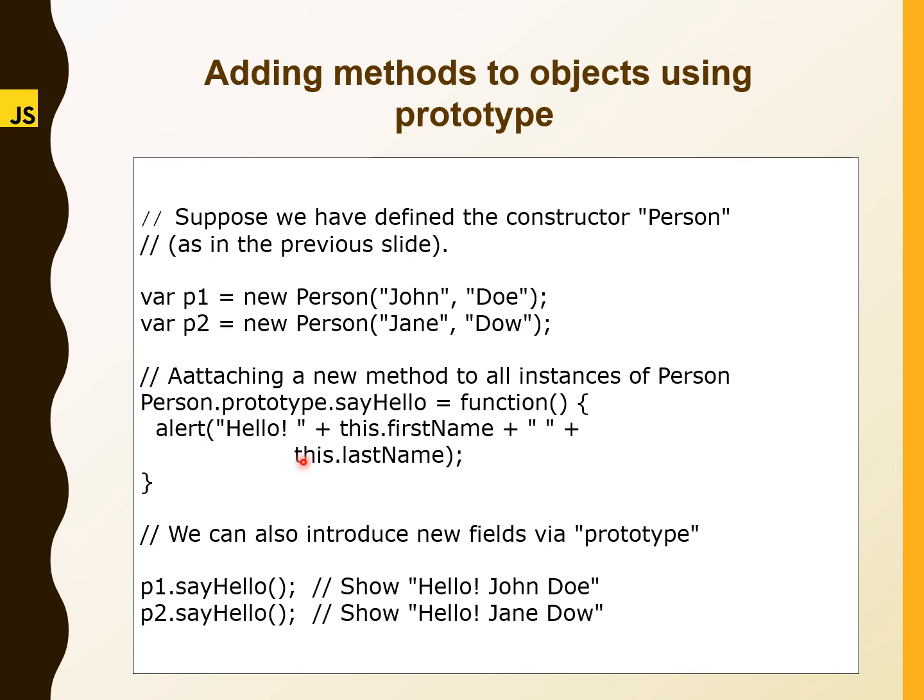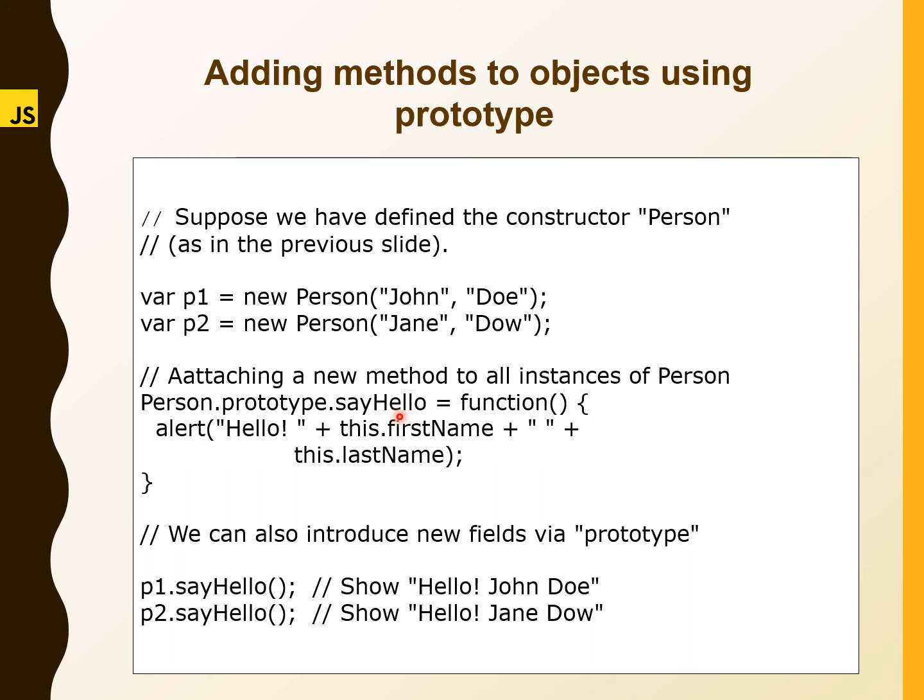In addition to sayHi, by using the prototype statement we are adding a new function to the existing person object. The sayHello function is applicable to all the instances of the person object.